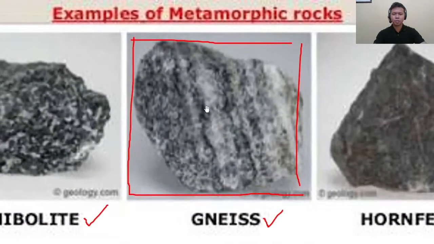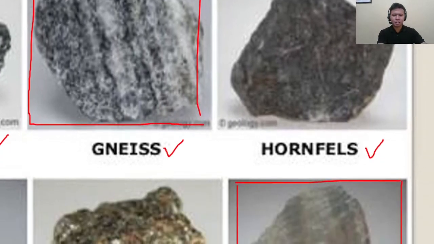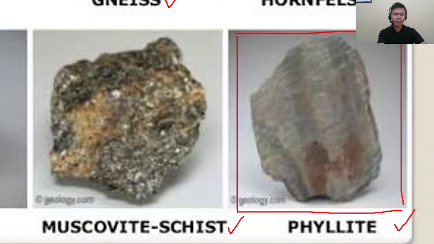As what you have noticed here, it follows a ribbon-like arrangement, a banding or striations. This is being categorized as foliated metamorphic rock. Usually they have less crystal formation.